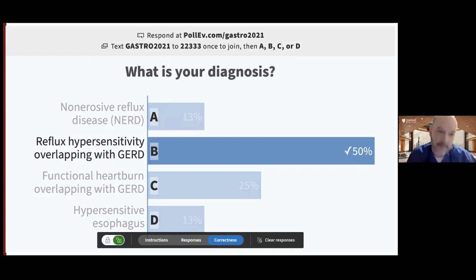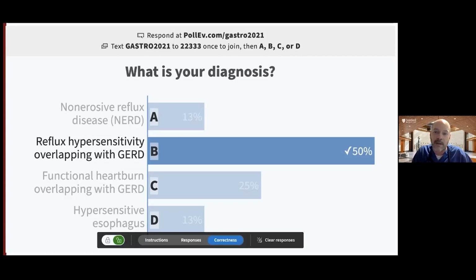Yeah, so this becomes a little bit challenging because the definitions keep changing. And this is based on the Rome 4 criteria, which came out, I believe, in 2016. And in this particular patient, because they have baseline erosive esophagitis off meds, they have GERD at baseline. So they may have GERD plus something else, but they wouldn't meet the criteria of A based upon the fact that at baseline they have erosions.